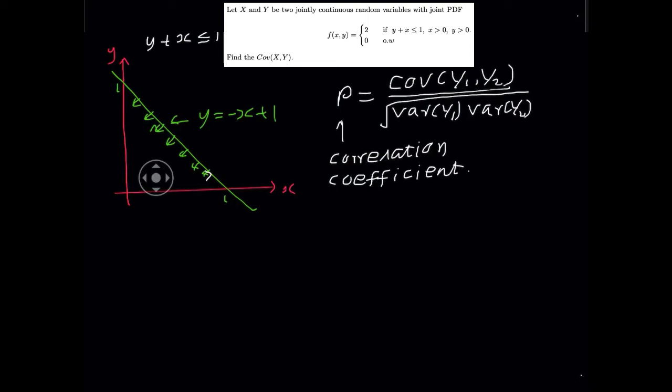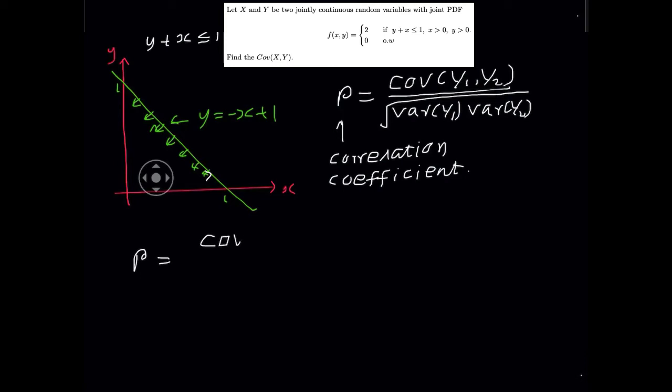Okay, now how do we find this? Yes, we already know covariance of x and y. So let me write down this definition for our problem.